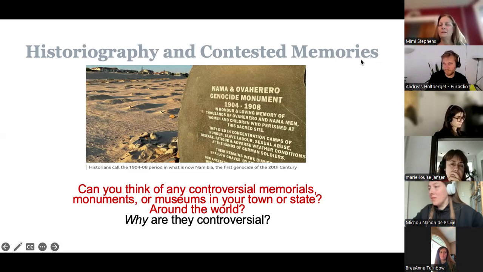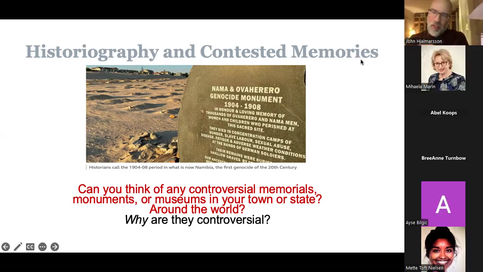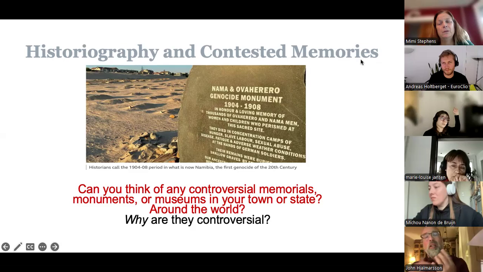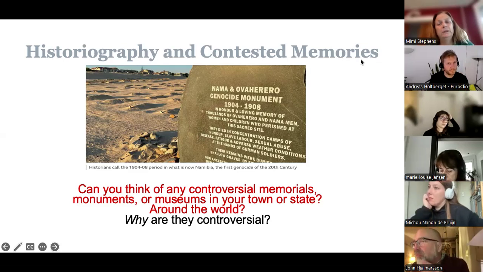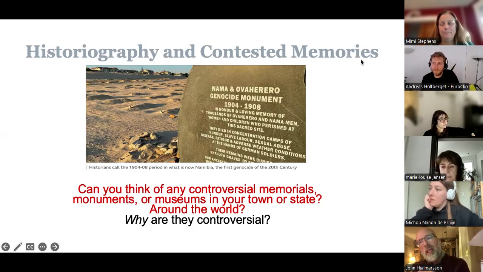We can find the same in Sweden. I was saying we don't have that many contested monuments, but we do have history untold, history that I wasn't taught when I was in high school, mostly concerning minorities in Sweden who have been mistreated throughout history, and that many of my students still know very little about.